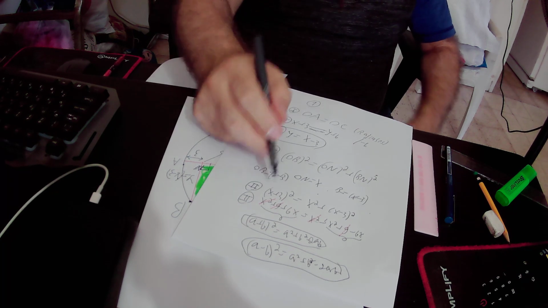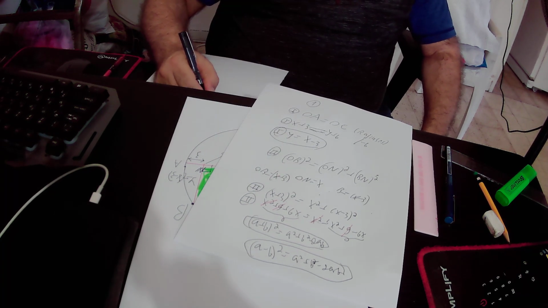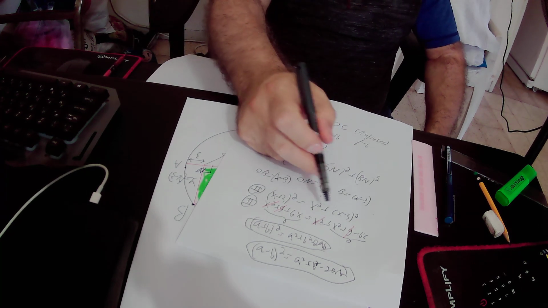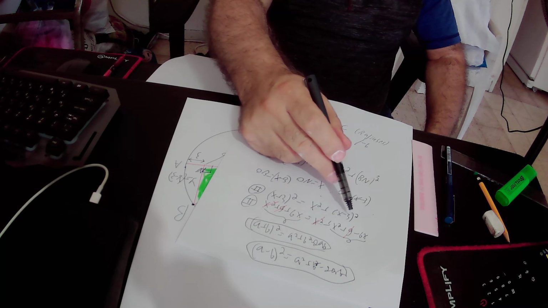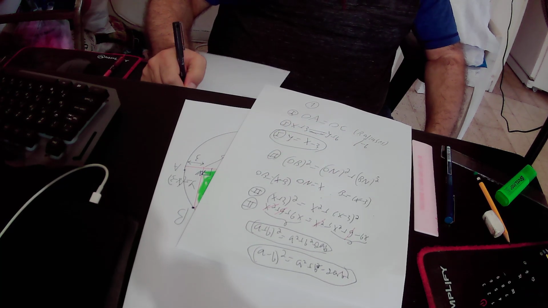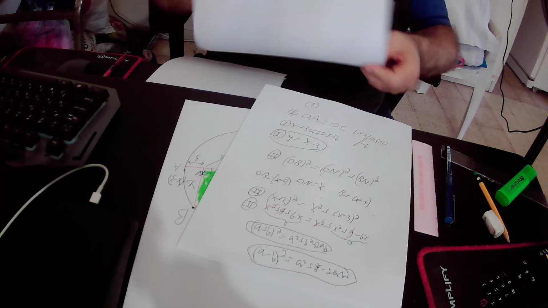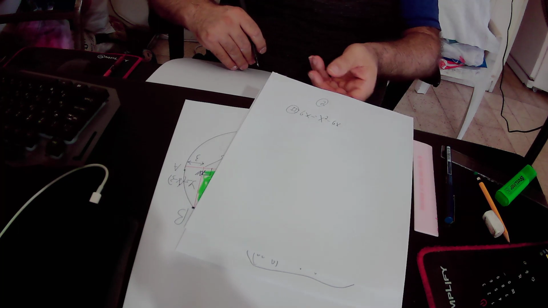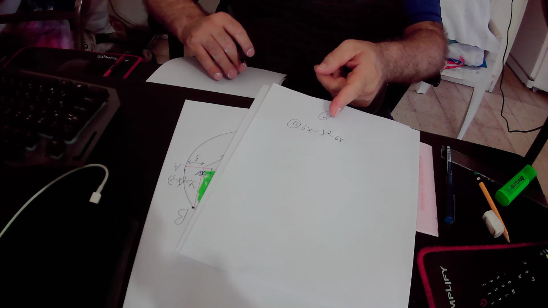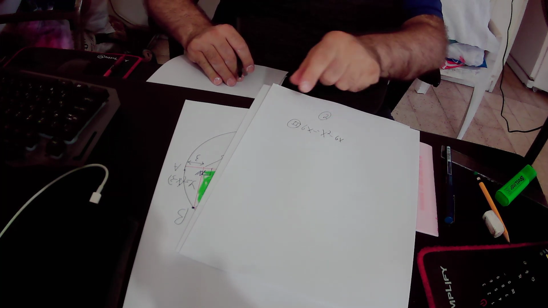So from this side of the equation we have only 6x. On this side of the equation we have only x squared minus 6x. So in total we got that 6x equals x squared minus 6x. Now we will subtract 6x from this second equation.